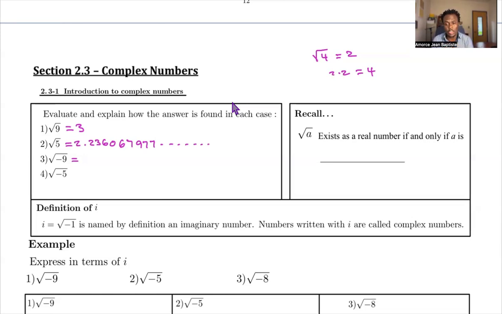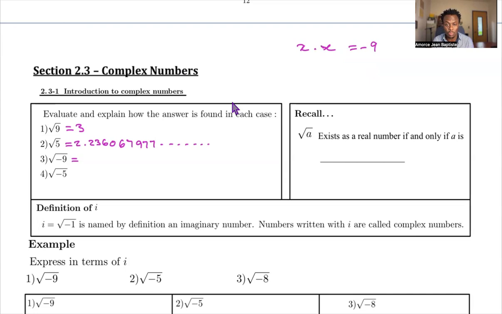But there's no such number in the case of a negative number, because you can never find one single number that multiplies itself to give you a negative result. There's no number x such that x times x gives negative 9.